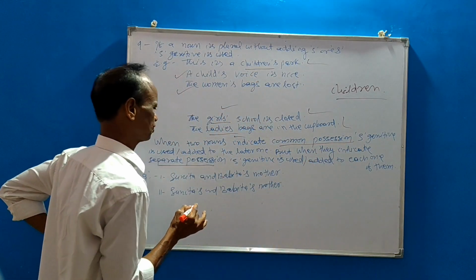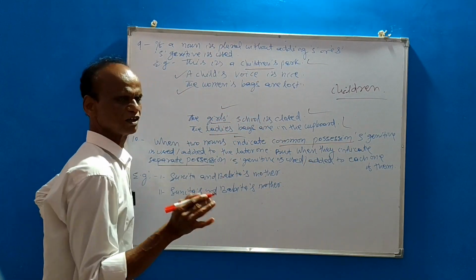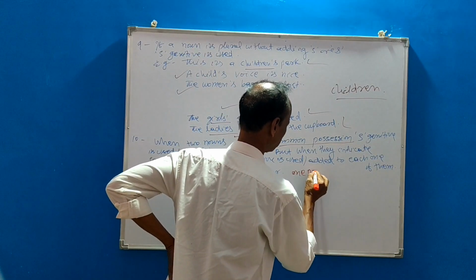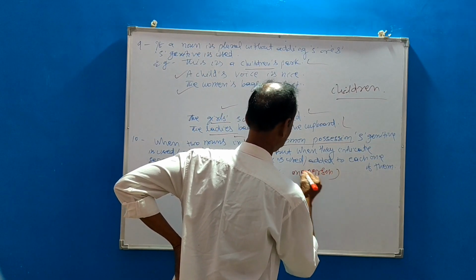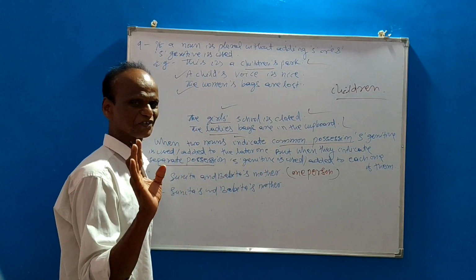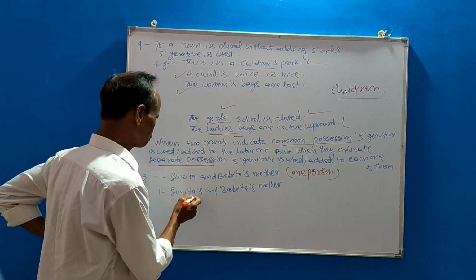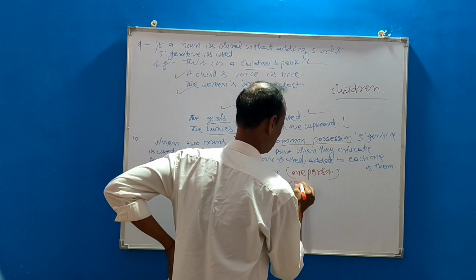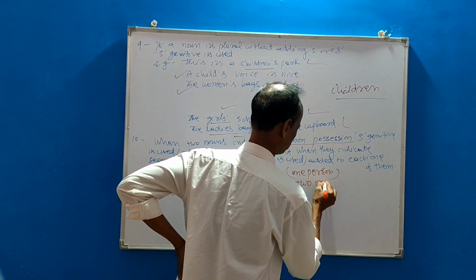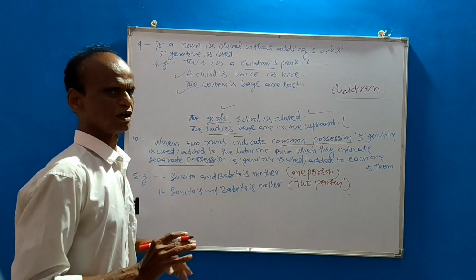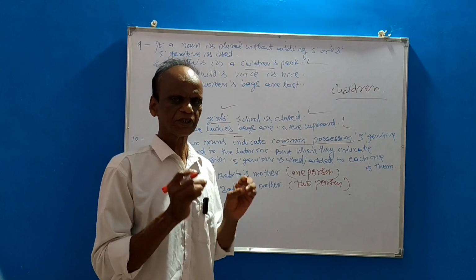In common possession, it is one person. Sunita and Babita's mother, one person. Sunita's and Babita's mother, two persons.